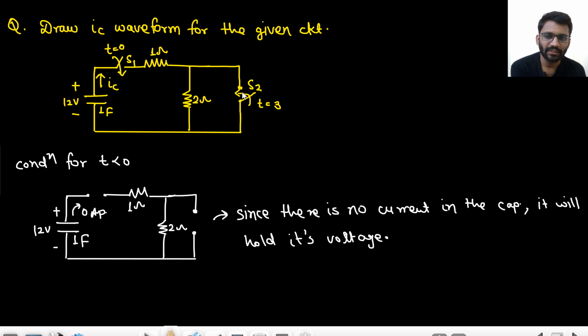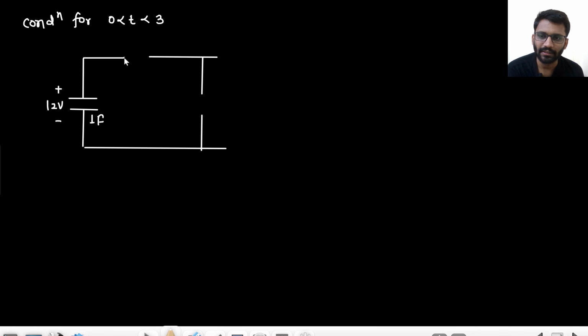One ohm and 2 ohm. This is open circuited, right? This is 1 ohm and this will be 2 ohm. Rest are open ended. This is open ended. Now we are talking about the current IC.